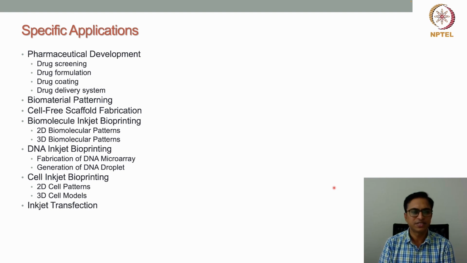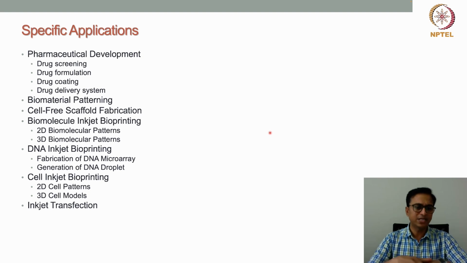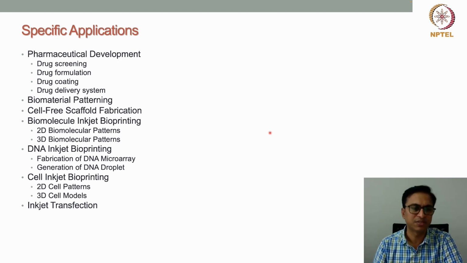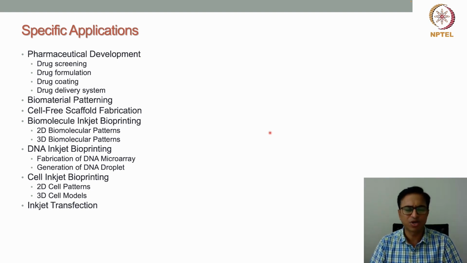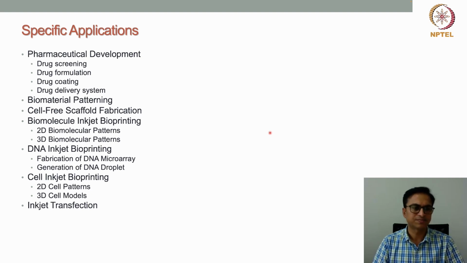They can be patterned on a 2D surface, and different surface patterning is possible. Either a 2D pattern or a 3D pattern is possible with biomaterials, and these have huge applications. They can be used for tissue engineering, drug screening, and different other applications.